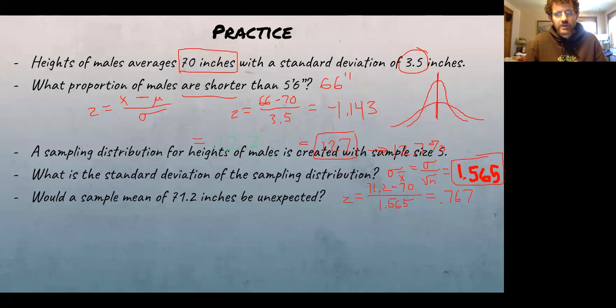All right. So there's our z-score. How unusual is that z-score? Well, I can figure that out by asking, if my z-score for the sampling distribution is right here, 0.767, how many samples would be above that?